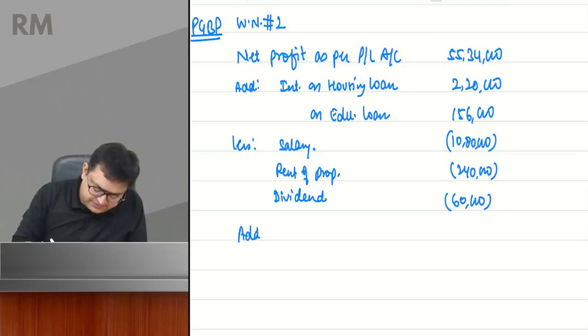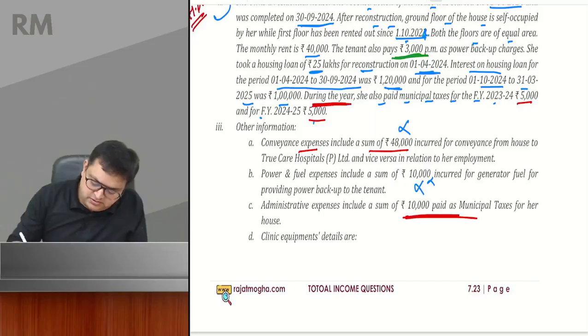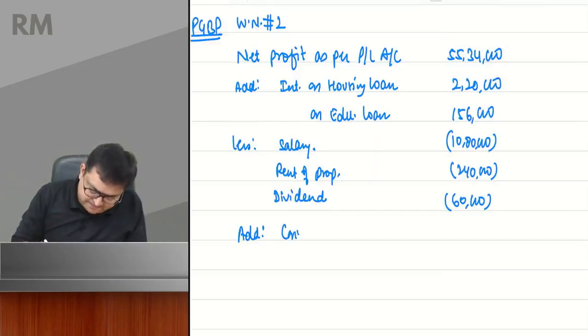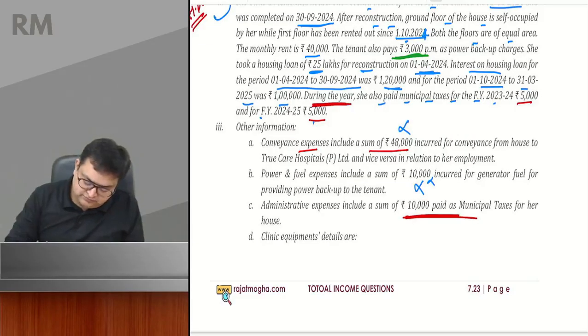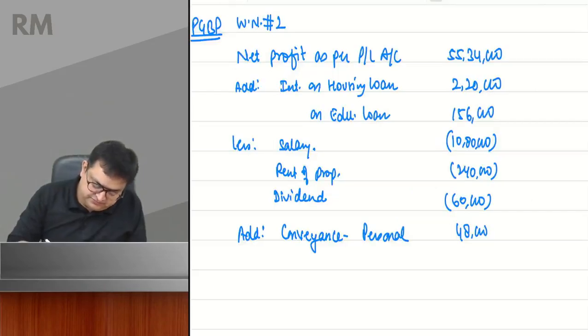Add 48,000 conveyance expense. It is of personal nature. 48,000 I'll add back. Power and fuel, 10,000 you will add back.